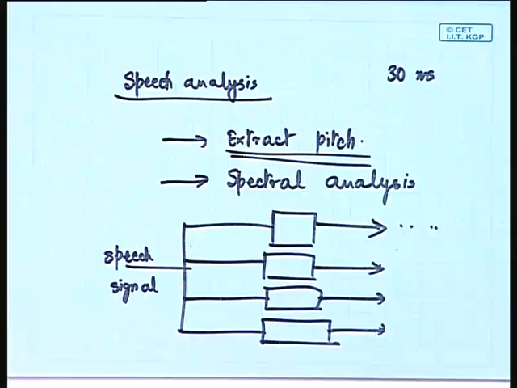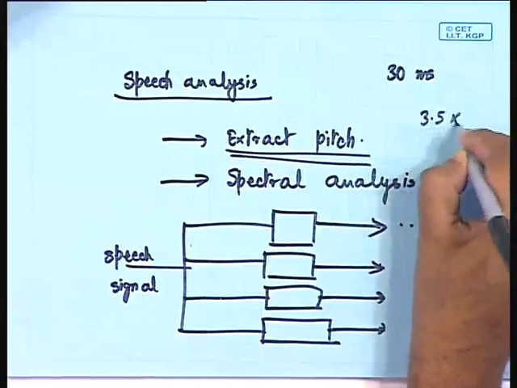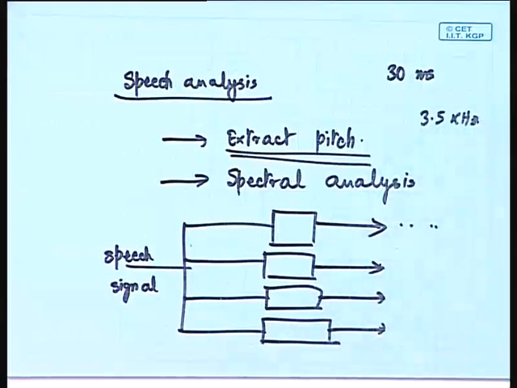We need not distribute that into a large number of frequency bands, because after all the frequency is only up to 3.4 to 3.5 kilohertz. So, that will suffice. Generally, 10 or maximum up to 20 filter banks would suffice, and for individual filter banks we have its energy.